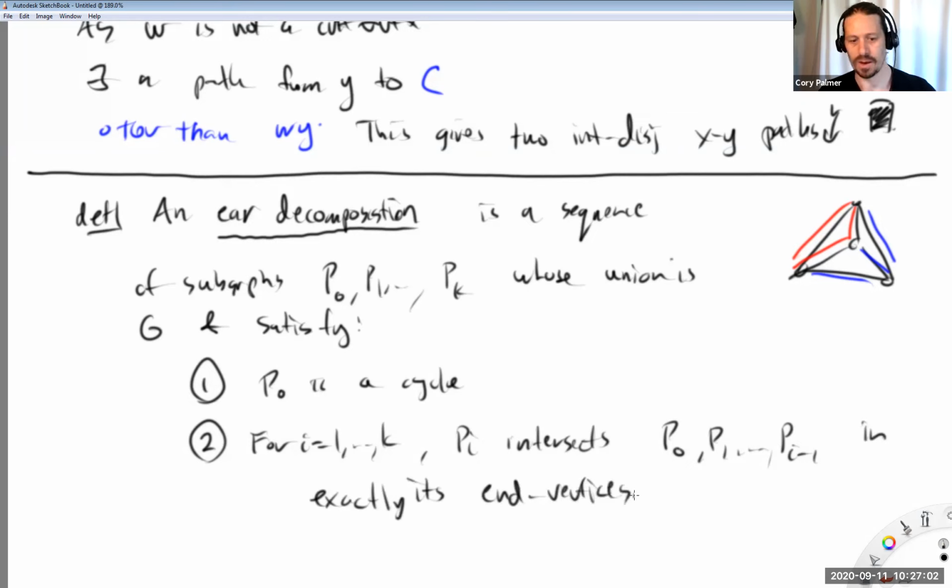This actually implies that this is an edge decomposition. No edges will be shared between PI and these other guys because only the end vertices of PI are these. Oh, I should also say, PI is a path.